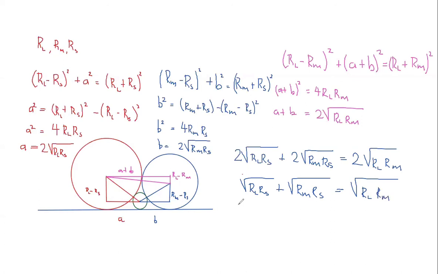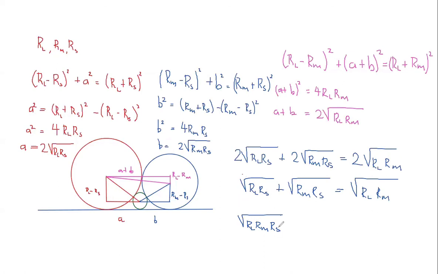And here is the beautiful part of all of this. If we divide the entire equation by root RL RM RS, we are left with this.